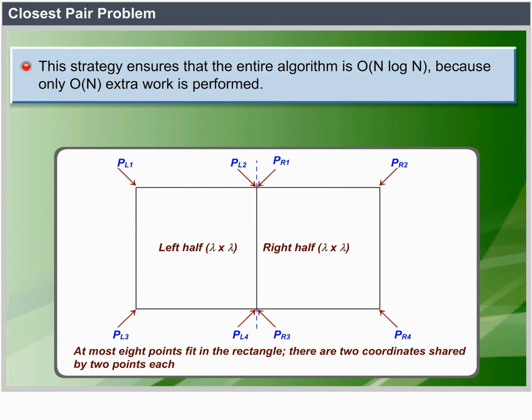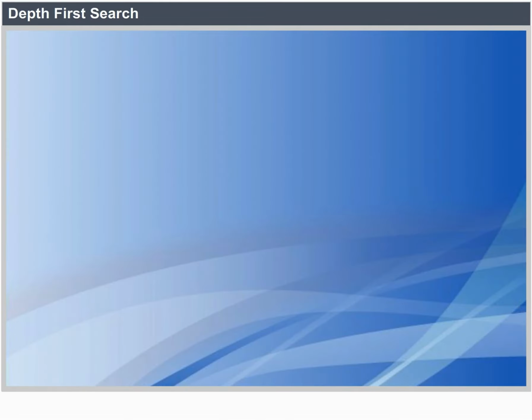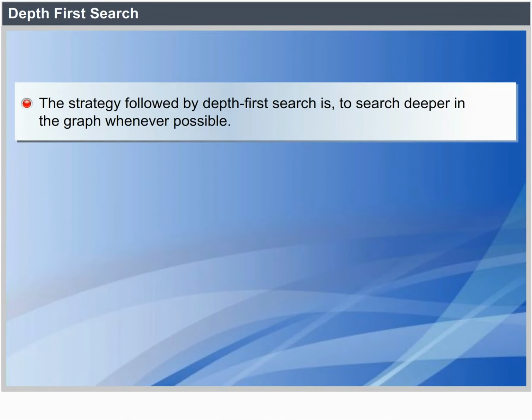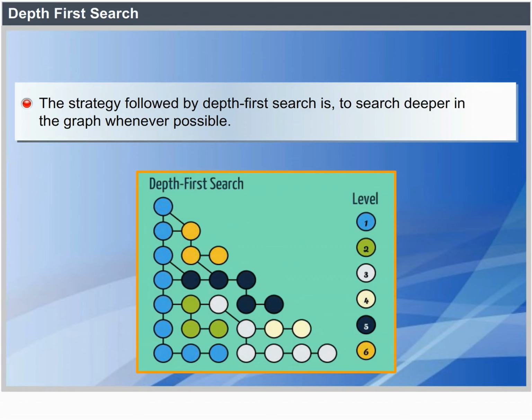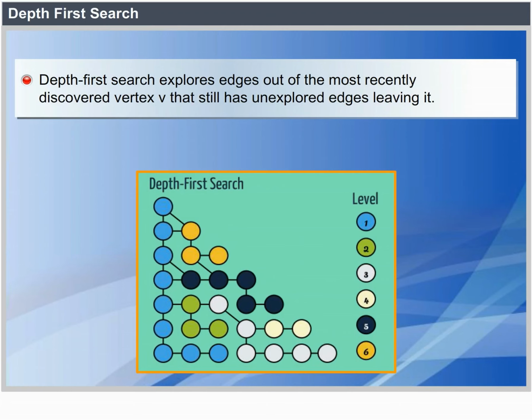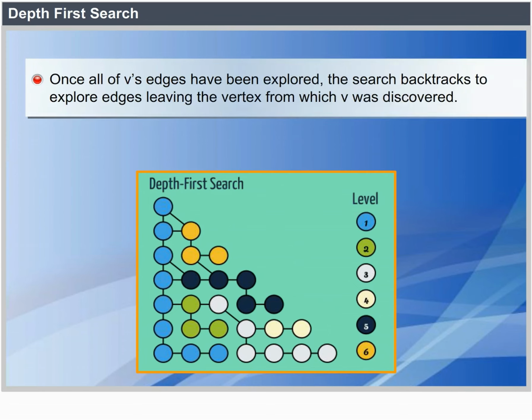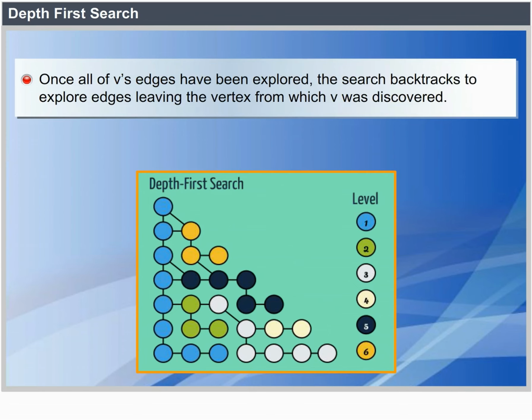Depth first search, DFS. The strategy followed by depth first search is to search deeper in the graph whenever possible. Depth first search explores edges out of the most recently discovered vertex v that still has unexplored edges leaving it. Once all of v's edges have been explored, the search backtracks to explore edges leaving the vertex from which v was discovered.